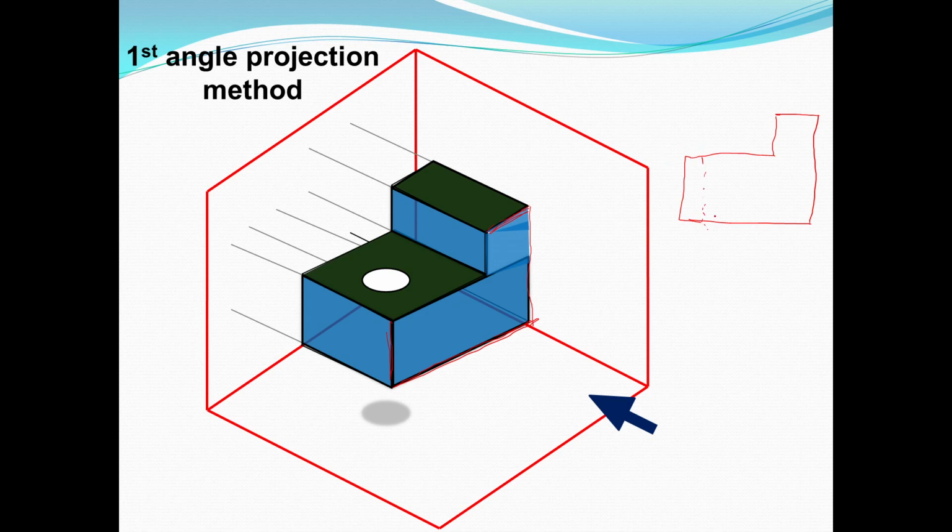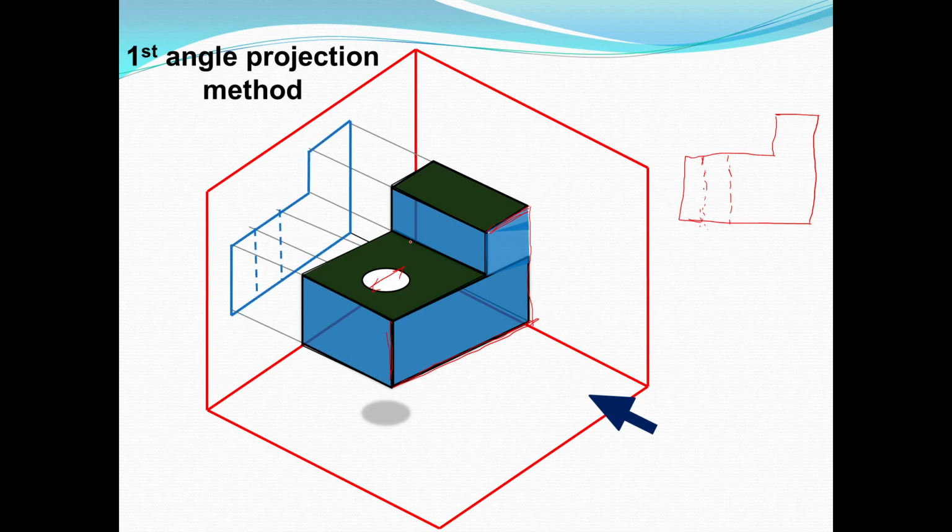The dimension between these two hidden lines is equal to the diameter of the hole. So in the front view you are going to get this type of view.